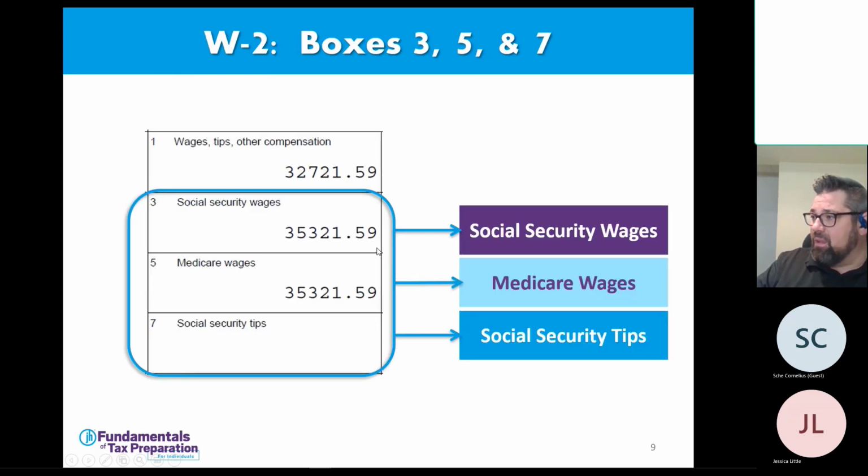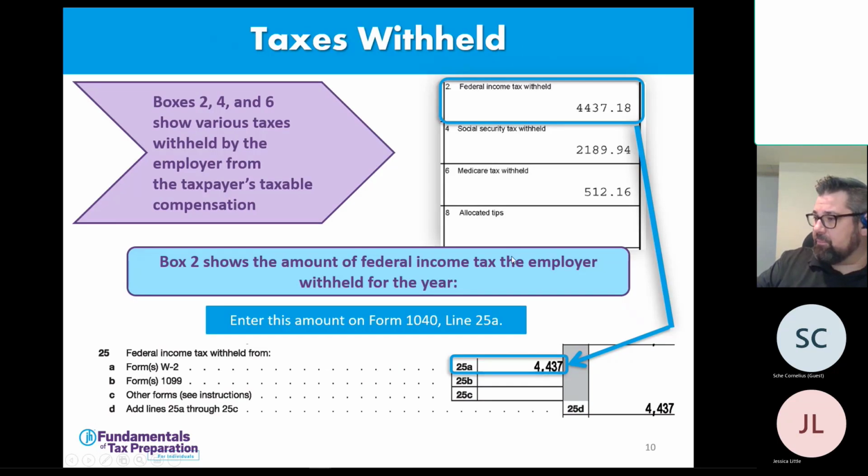Okay. So then this goes through what I pointed out earlier, where you can find the Social Security wages, Medicare wages, Social Security tips. So then this is where the withholdings go for the federal. But again, it doesn't really matter when we're actually doing it, because the program does that all for you. Okay.